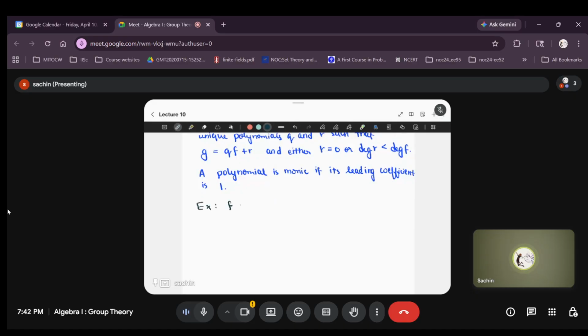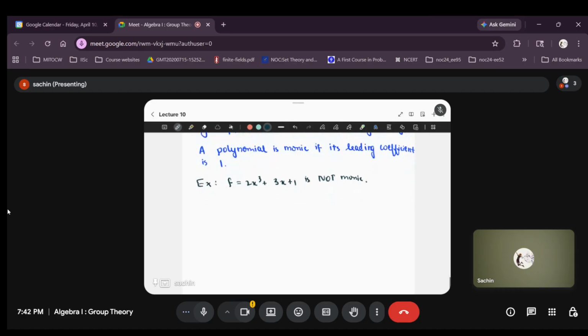For example, f is 2x cubed plus 3x plus 1. This is not monic. g is x power 5 plus 6x plus 2, which is monic, because the highest degree term is x power 5 and the coefficient is 1.